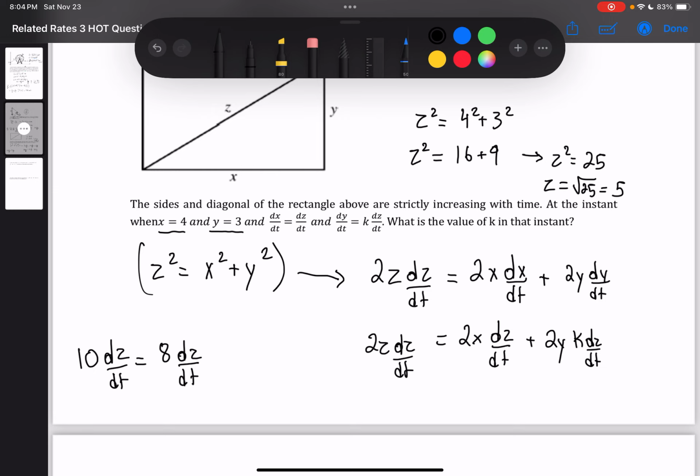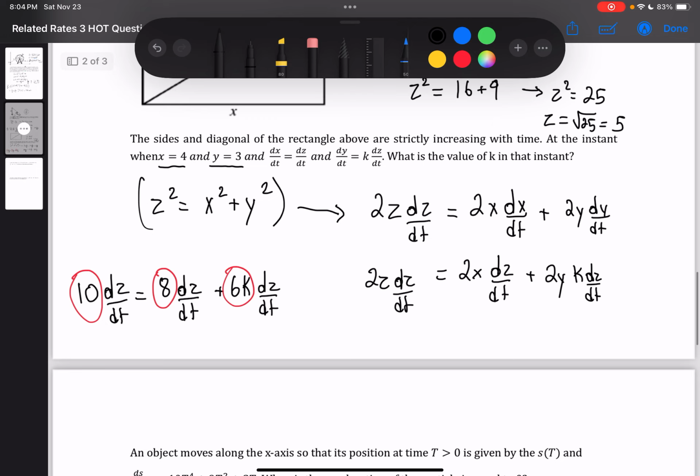And the y is basically 3, so it is going to be 3 times 2, which is 6k dz over dt. Now notice over here that on this side the coefficient is 10 and on this side it is 8 plus 6k. So you can literally create an equation out of this and you can literally say that 8 plus 6k is equal to 10.